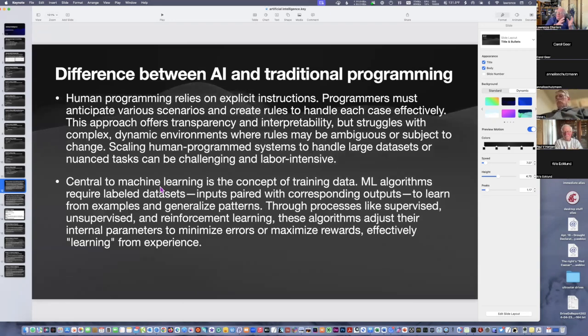So instead of a person writing a program that does something very specific, the program itself has taught itself how to do things that it may not have been originally designed to do. So that's a big difference between traditional programs and AI. And it's also one reason why I think that a lot of things we call AI aren't really AI, but I'll explain that in a second.